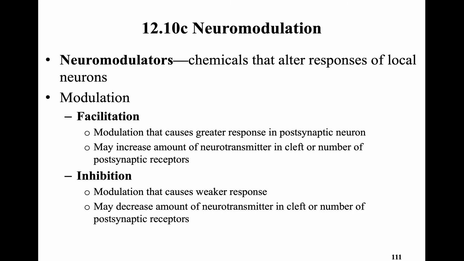What do you think the opposite is? That is inhibition. So if the first neuron has the ability to inhibit the second neuron, that's called inhibition. Very simple terms. So facilitation makes the second neuron more likely to fire. Inhibition ensures that the second neuron doesn't fire.